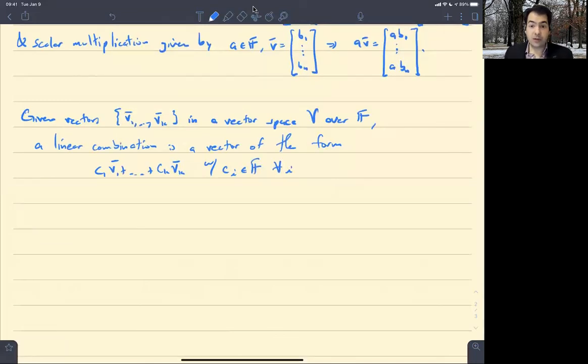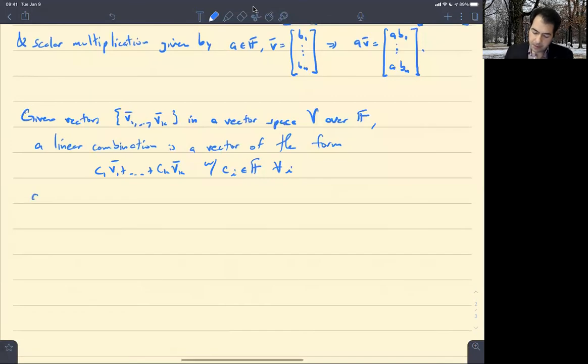Just like we talked about when working with vectors in Rn, linear combinations are all of those vectors you can form from a given set of vectors by using the two operations in a vector space, vector addition and scalar multiplication. I give you these k vectors to start with, and these are the vectors that you can form using those.